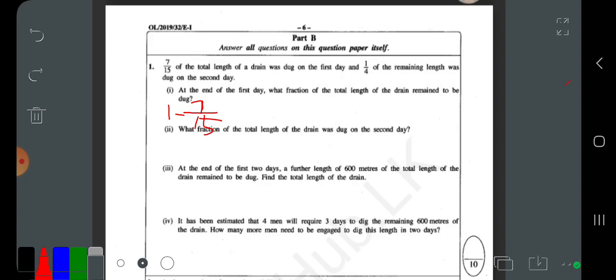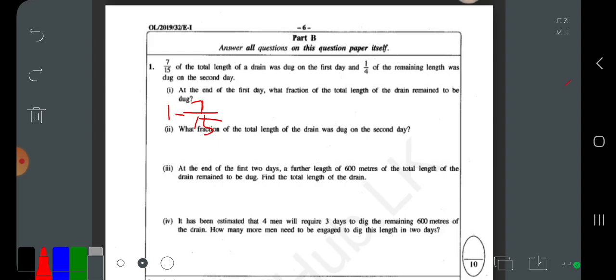From the whole drain we're going to subtract 7/15. So from 1, the whole, when the denominator comes to subtract, that same number will be the whole's numerator and denominator.